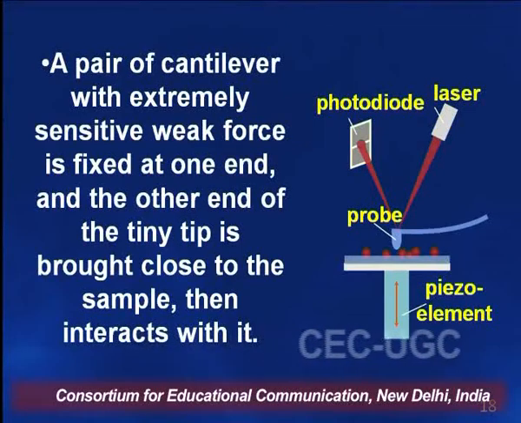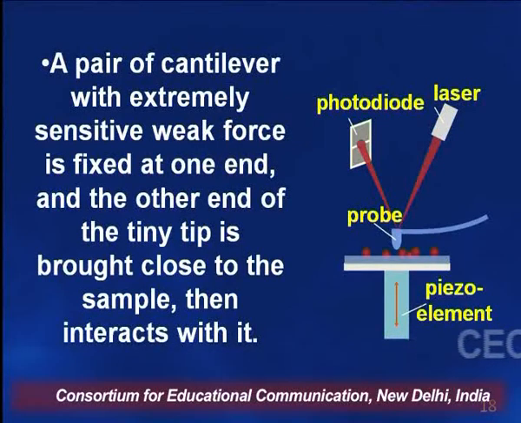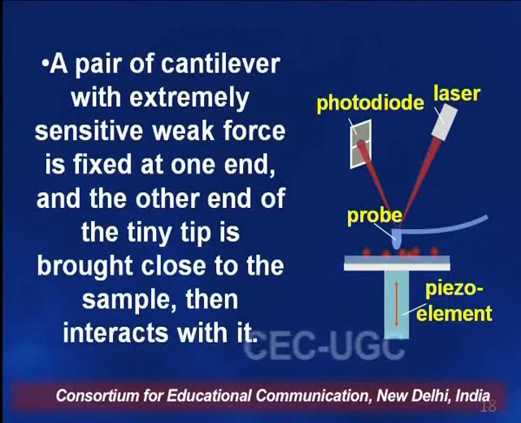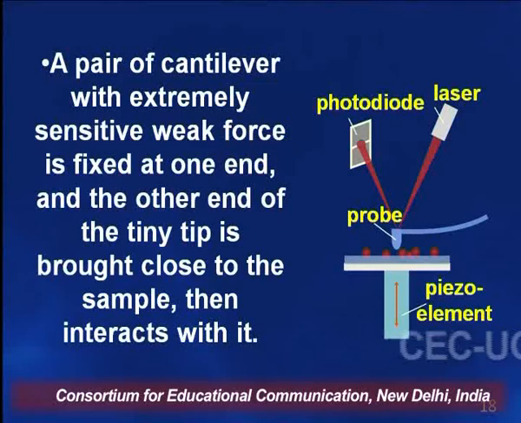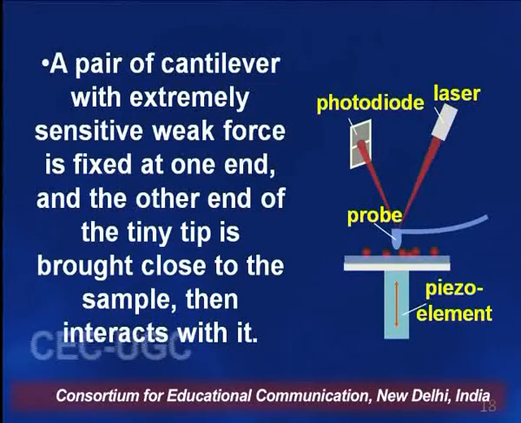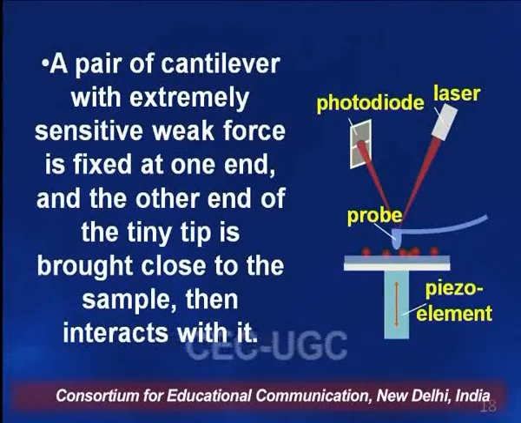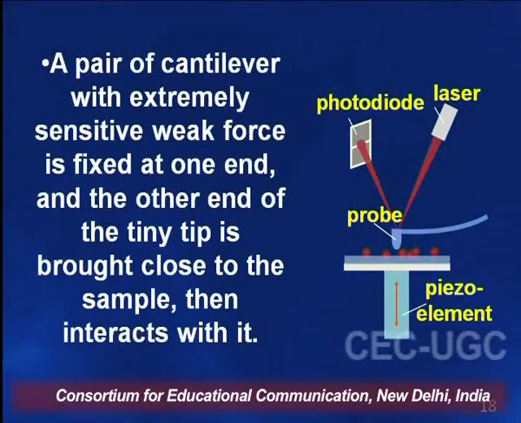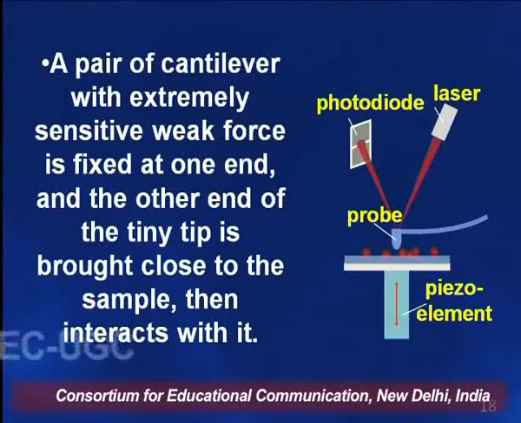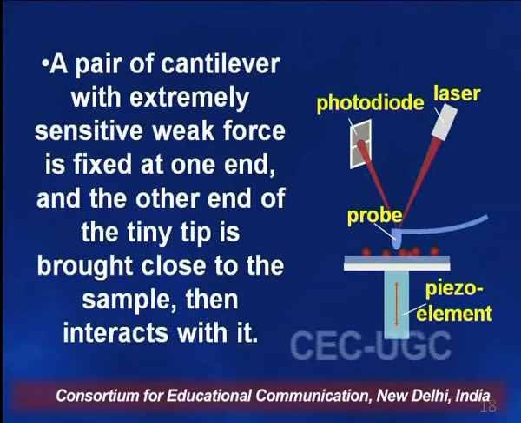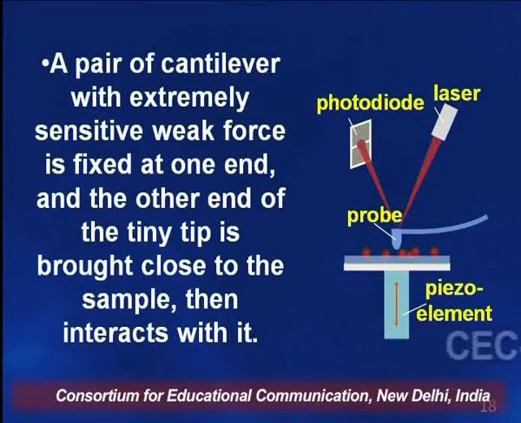The specimen on the piezo element can move up and down. Now you see in the diagram that the laser beam is reflected towards the photodiode, and this photodiode gives a result of all the force changes and presents the imaging of the sample.